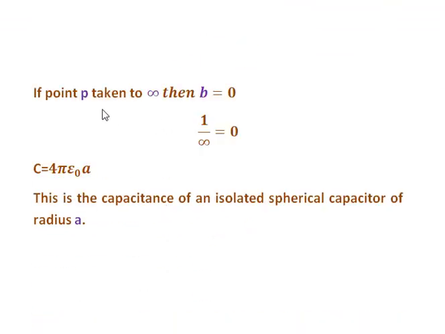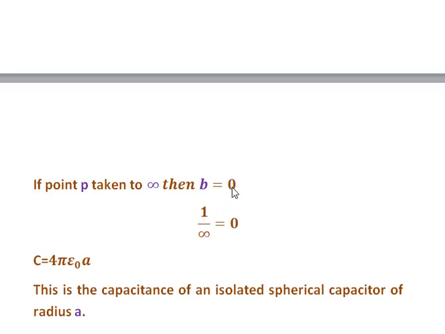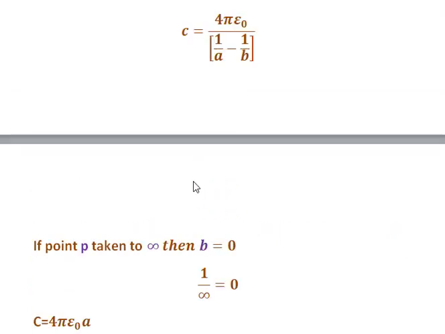So the point B is taken to infinity, then why does 1 by B become 0 here? Substituting the value of B as infinity, 1 by infinity is taken as 0, so these terms vanish.